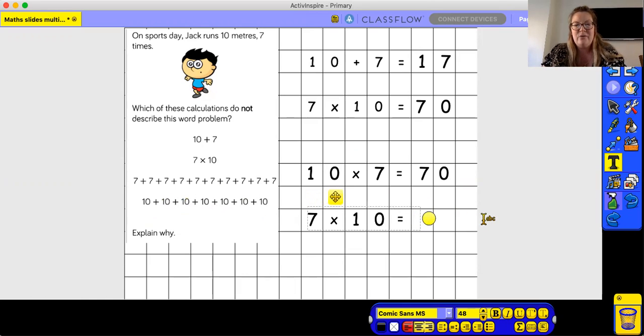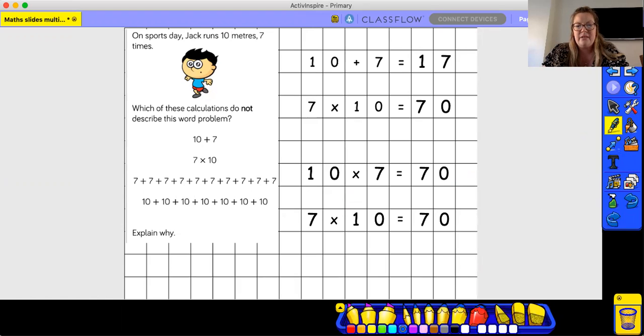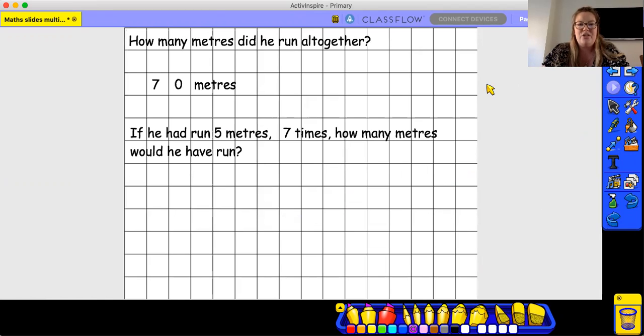Tell your adult now. Well done, that was really quick. It's 70. So, looking at this, we can now see that this question here does not give us the answer to our problem, 10 add 7. So, let's go to the next slide where we can try and work out the challenges.